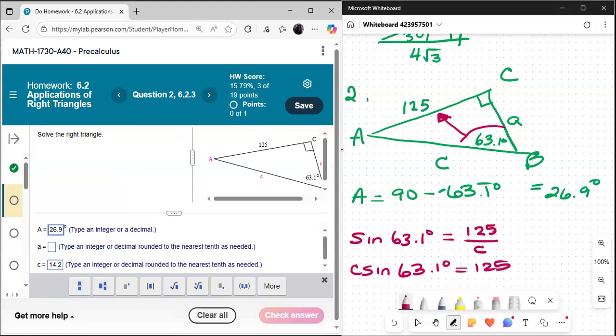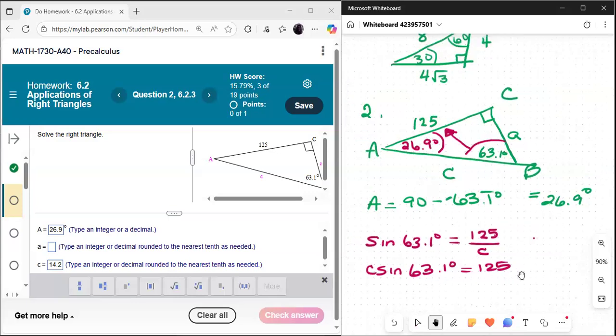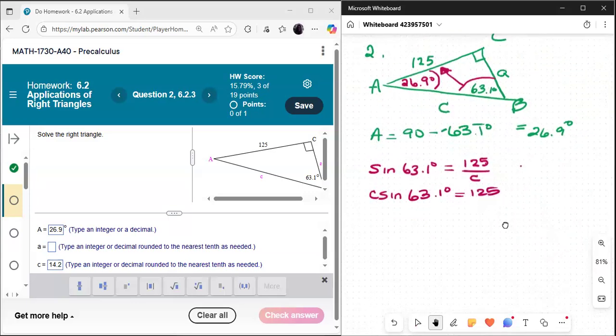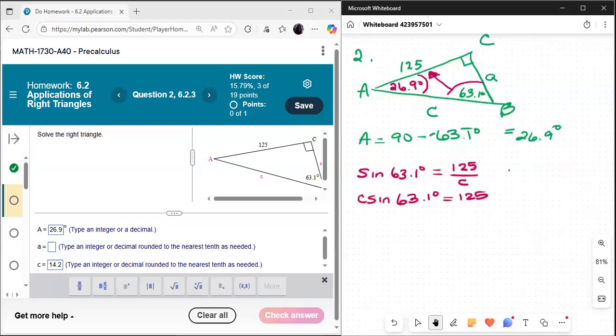And to solve for small a, we know that angle A is 26.9. So we can use sine again, or we can just use the two known values. We have some choices here. If I stick with 63.1 and use A, we know that A is adjacent to that angle, and the 125 is opposite.